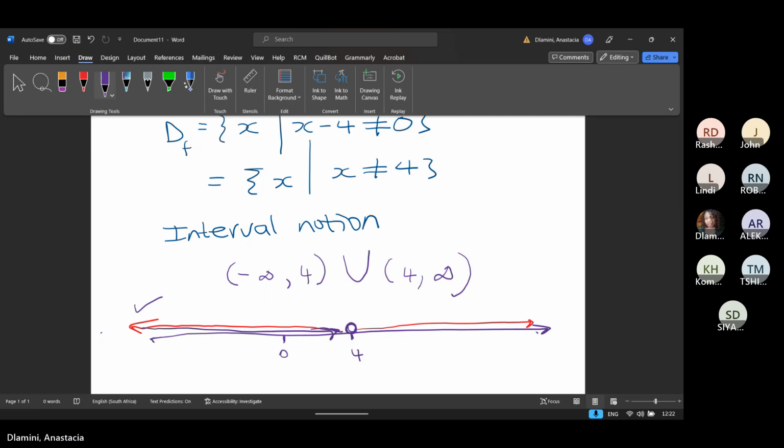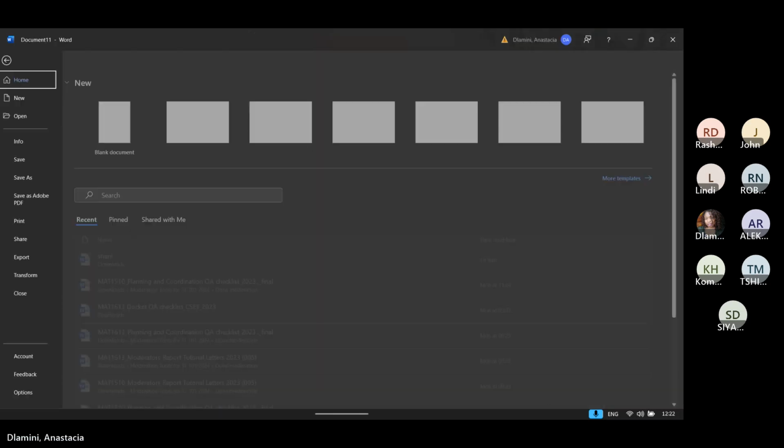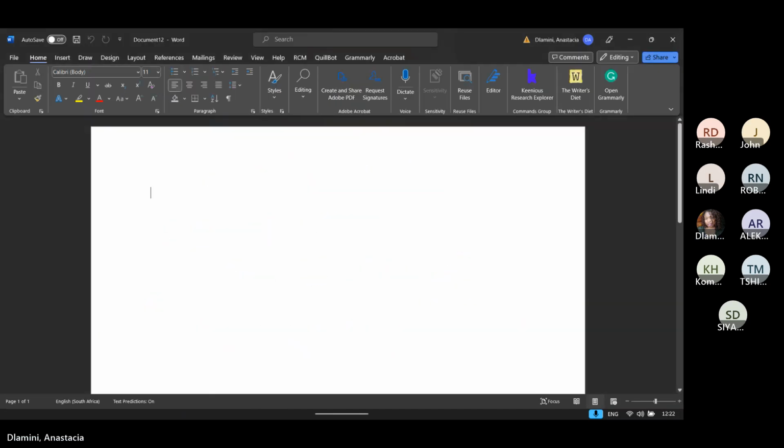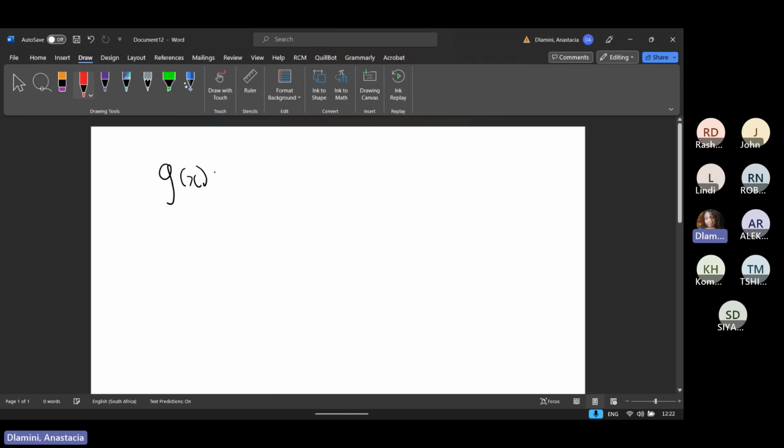So now, let's do this one. I want you to find the domain of g of x is equals to square root of x. What do you know about square root functions? Remember we said domain, what's this? Are all x values such that when you substitute here, you get an answer.